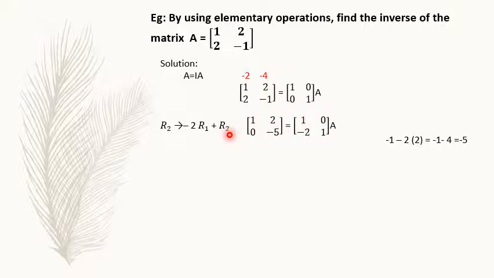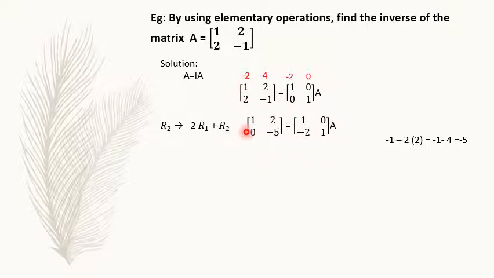So R2 becomes minus 2 R1 plus R2. Similar operation we apply on the right side. Minus 2 R1: 1 into minus 2, minus 2; 0 into minus 2, 0. Now, minus 2 R1 plus R2: minus 2 plus 0, minus 2; 0 plus 1, 1. That is, the second row is changed to minus 2 R1 plus R2.